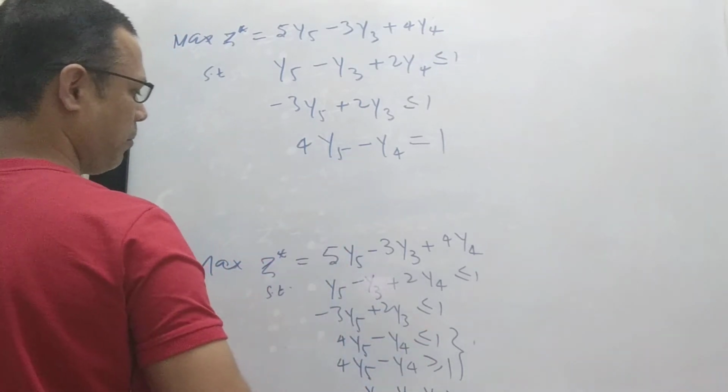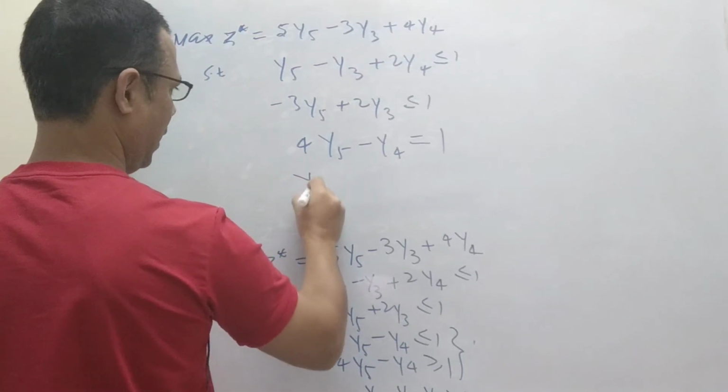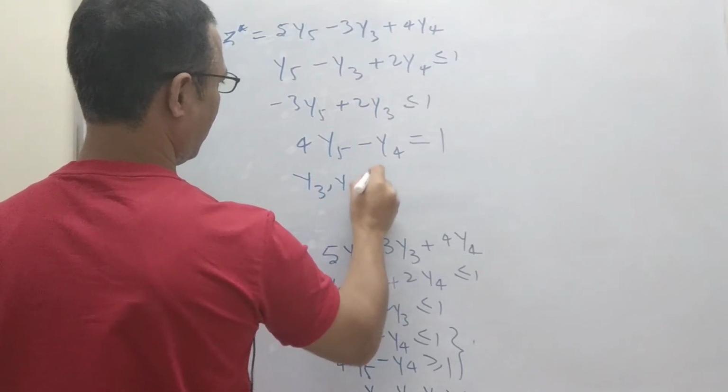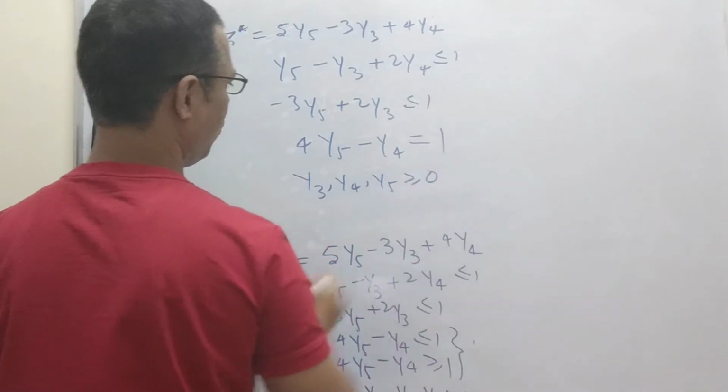So we can write in this form also. So y3, y4, y5 will always be greater than equal to 0.